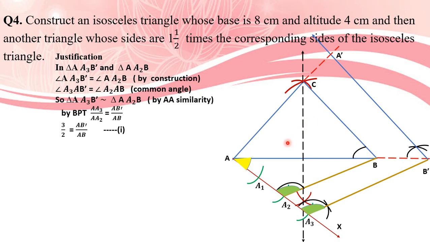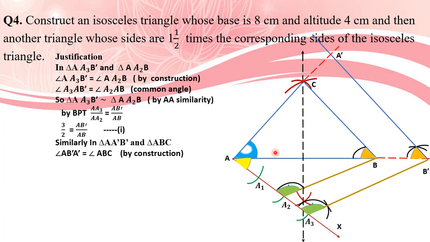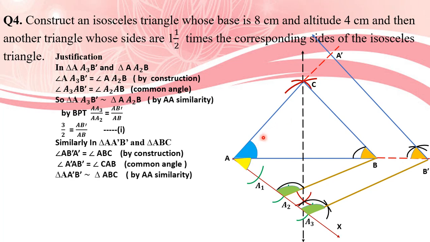Now let's take the triangles ABC and AB dash A dash. In these triangles, again, angle B dash is drawn equal to angle B, so these two angles are the same in measurement. Also angle A, that is angle A dash AB dash and CAB, is common in both the triangles.